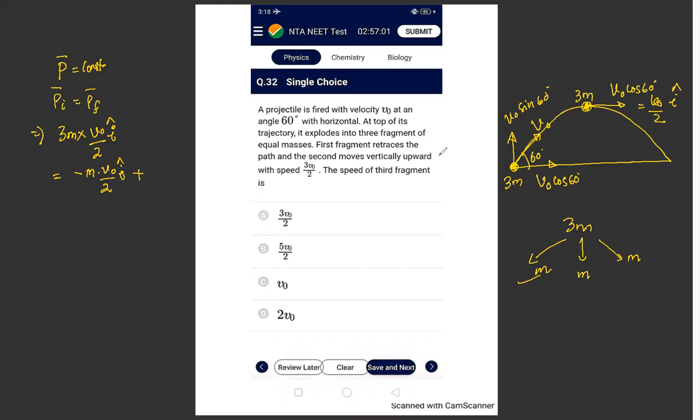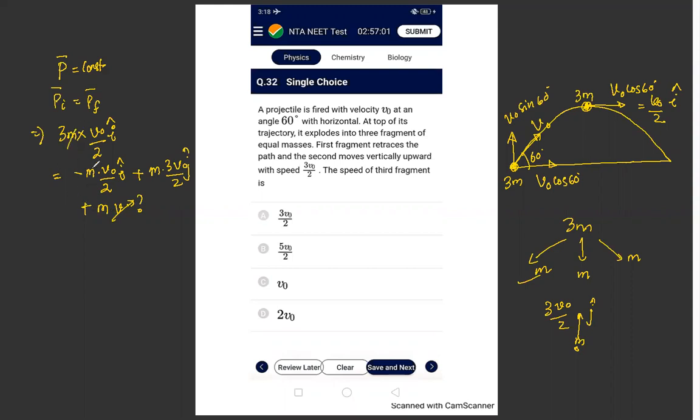And one part is moving in the upward direction. So it is moving in the j cap direction with the speed of 3 v naught by 2. So velocity will become 3 v naught by 2 j cap. So we can write it as m into 3 v naught by 2 j cap plus m v. We don't know this value, that we want to find out.